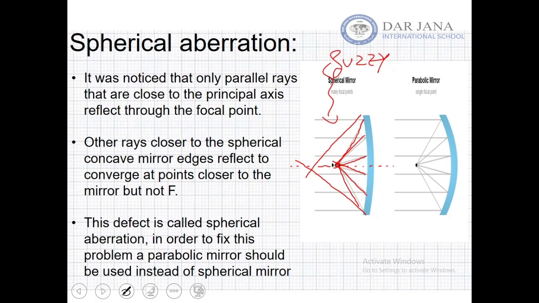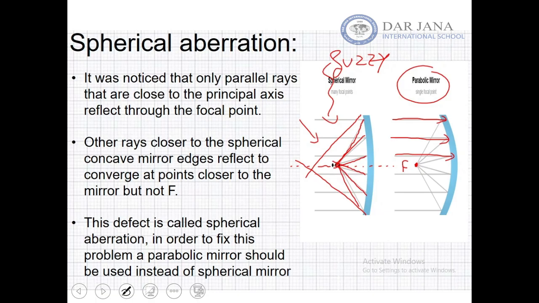In order to fix this defect, instead of spherical mirrors, we use parabolic mirrors. This means the mirror in this case has a more elliptical shape. By using parabolic mirrors, wherever you direct the incident rays, the reflected rays will meet at one and only one point, which is F. It's completely different from this one here.